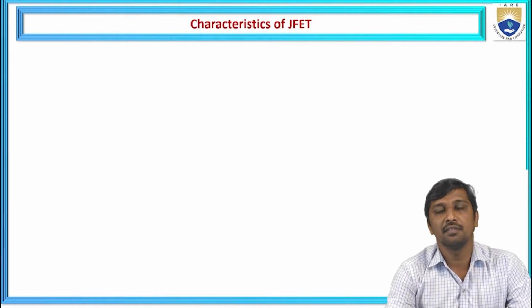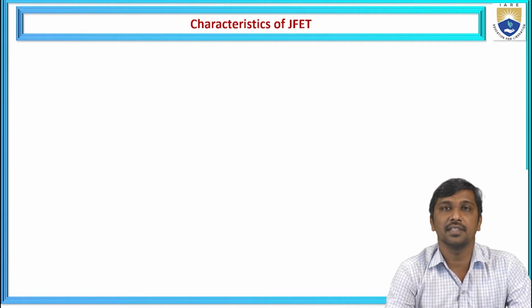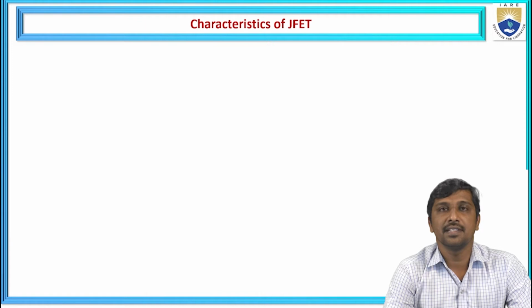So, in the last session, we observed the construction and the principle of operation of JFET. FET means field effect transistor. Based on the construction, we classify FETs into two types: one is the junction field effect transistor, and the other is the metal oxide semiconductor field effect transistor.